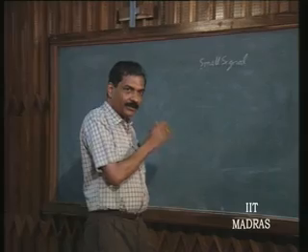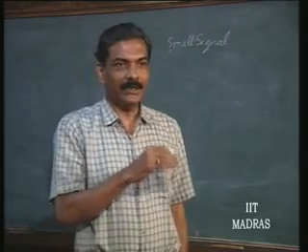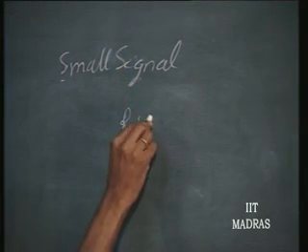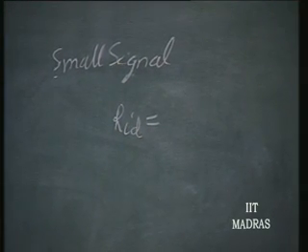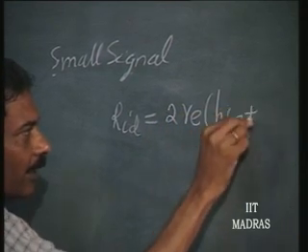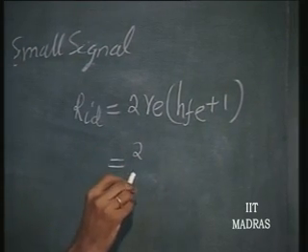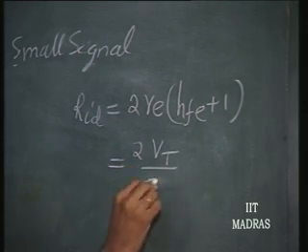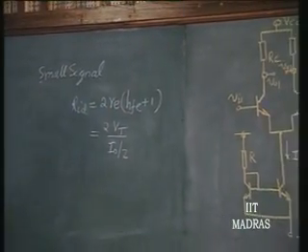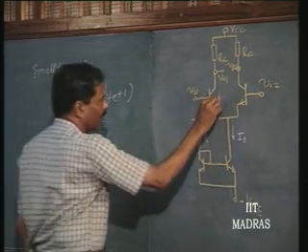if the signal level is small, where the performance of the differential amplifier can be approximated as linear, then the input impedance of the differential amplifier for the differential mode signal is going to be how much? 2 RE into (HFE plus 1), and RE being equal to 2 VT divided by I naught by 2, where I naught is the current source current and I naught by 2 will be the quiescent current through each of the transistors T1 and T2.